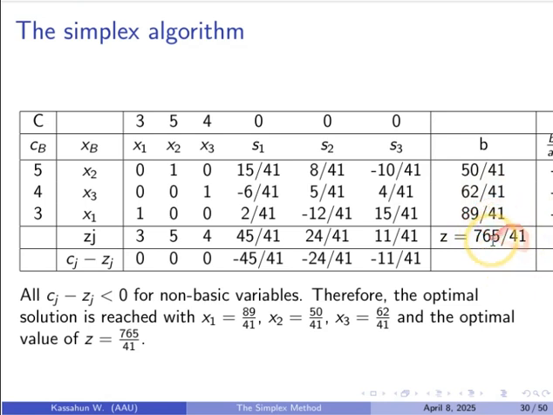The maximum value of the objective function is this, and it is obtained at this point, 3 numbers. x1 is this, x2 is this, x3 is this. So this is the optimal point and this objective value.